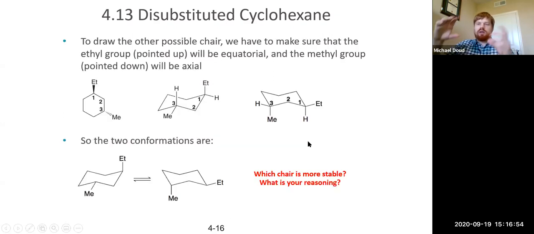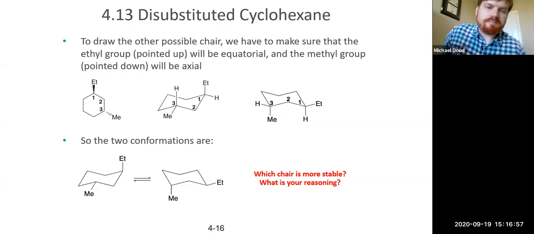Then what we can do is we can imagine flipping it. And when we flip it, what happens is you basically just reverse the symbol. So now carbon 1 had ethyl as its up axial and hydrogen as its down equatorial. When it flips, now the hydrogen is going to be pointed down in the axial position.